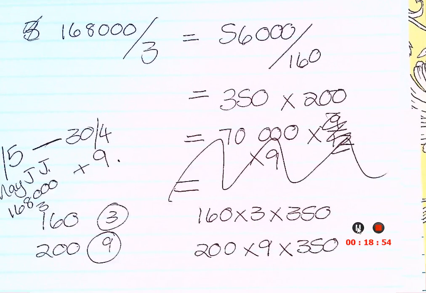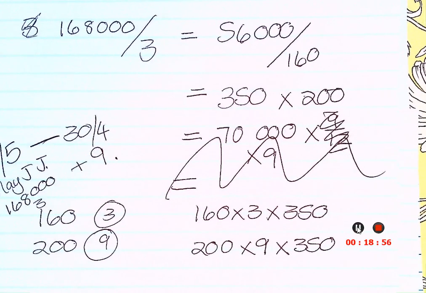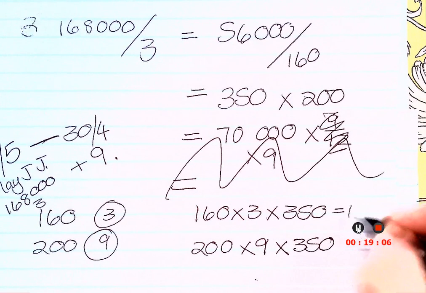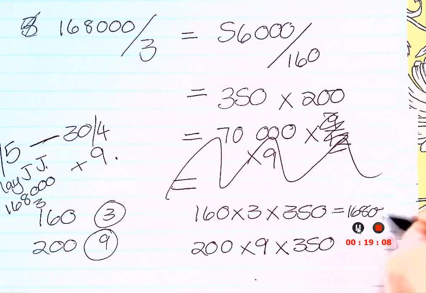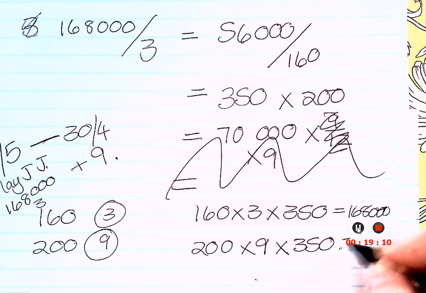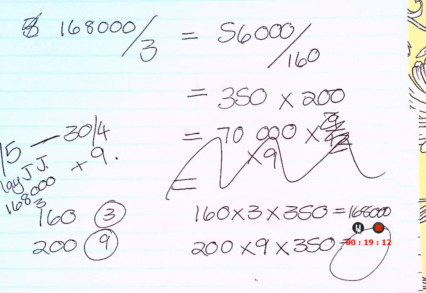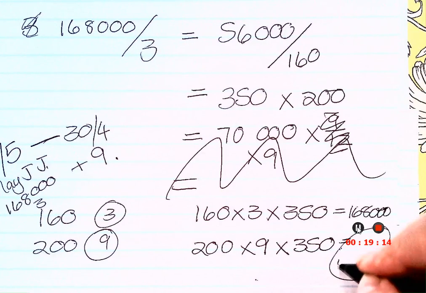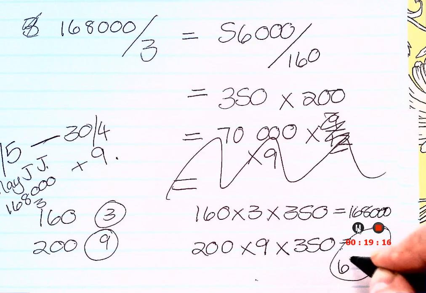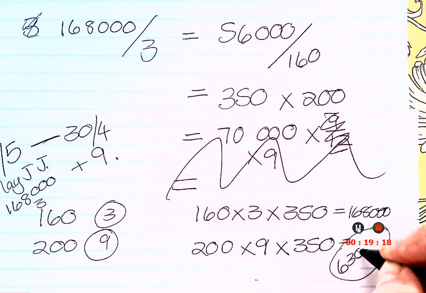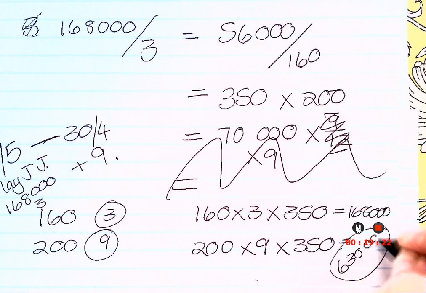That's 168,000. What is this one? This is the one we need to put in the box. 630,000.